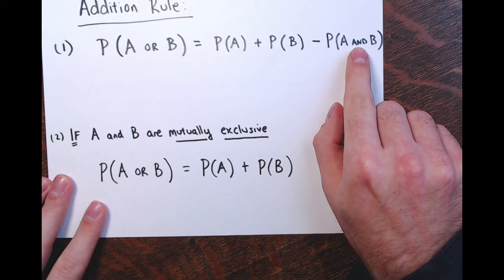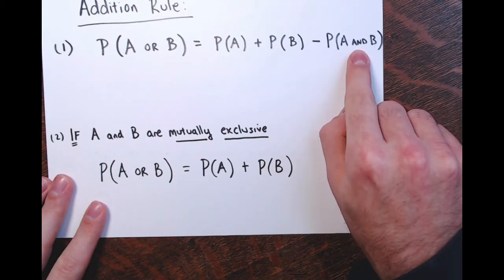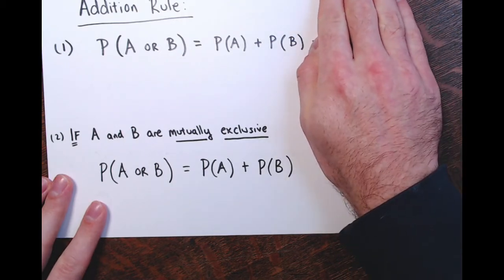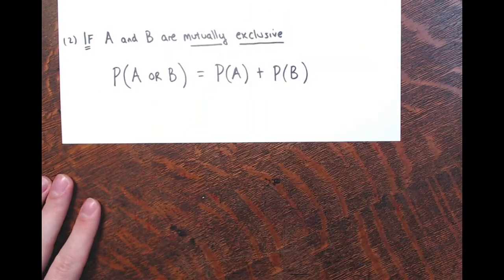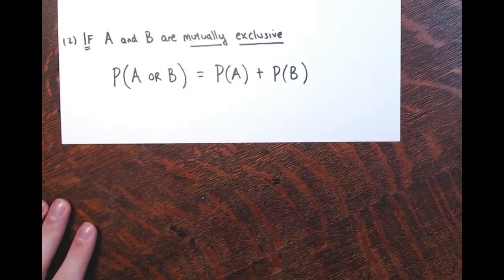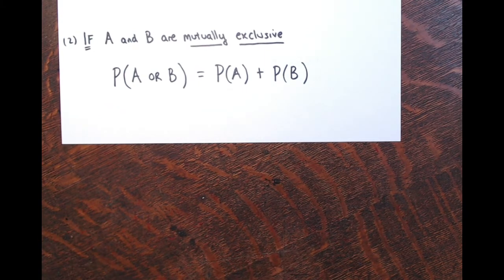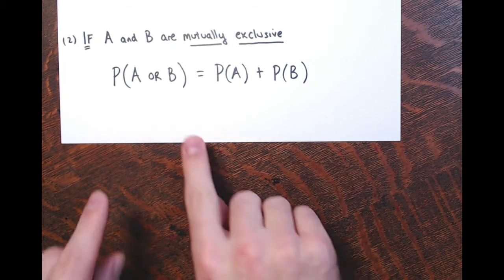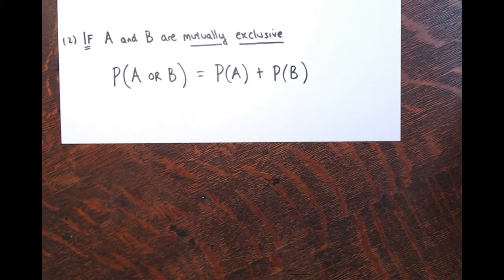Then the probability of A and B would be 0, and I'd get rid of it, and then you have this addition rule instead. So if you know that 2 events can't happen at the same time, you can use this much shorter version of the rule with only 3 probabilities instead of the 4.